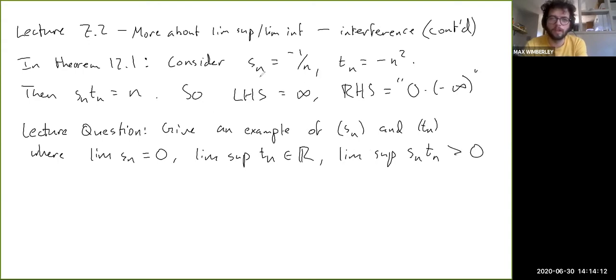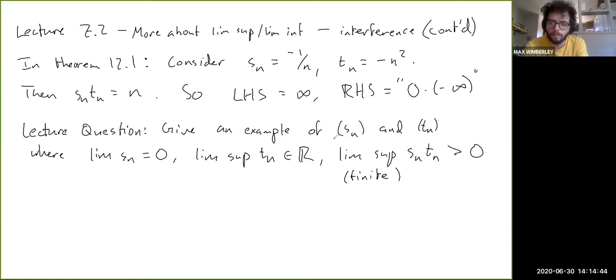So here we took a sequence where the lim sup of Tn was negative infinity, and then we ended up with this crazy nonsense. But you can actually break this in other ways, where you make this lim sup be finite, a finite number, and this be 0, and end up with an equation that still doesn't work.